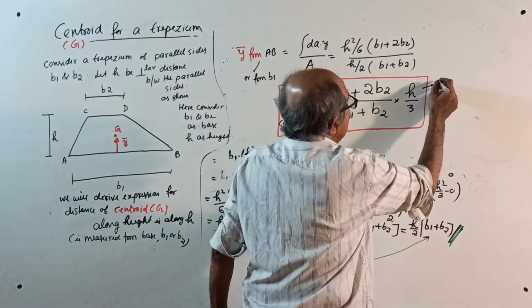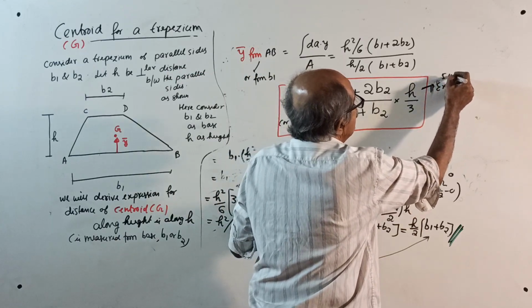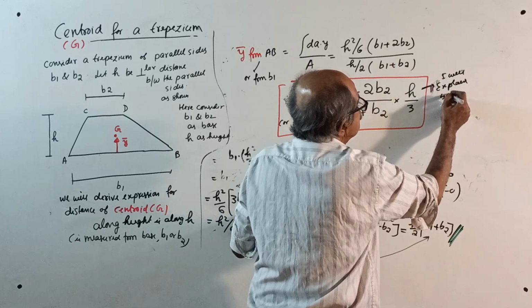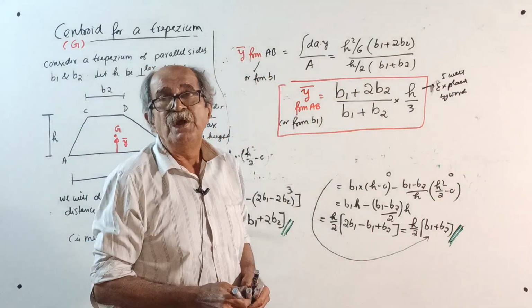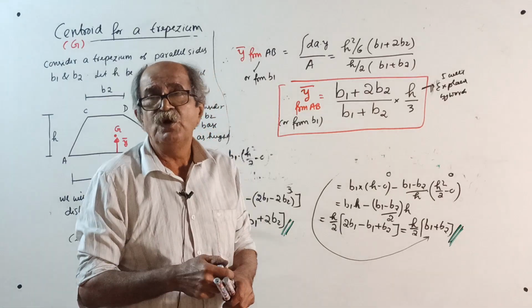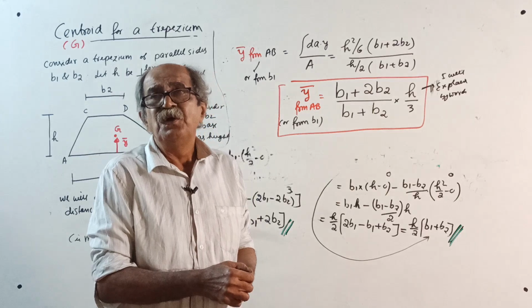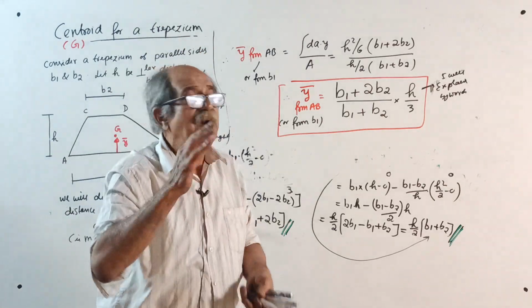Tomorrow, in the next class, I will explain this in words. Anyway, briefly I will tell. When you want to locate the centroid of a trapezium from any one of the parallel sides, the measurement is along the height, or distance between the parallel sides.